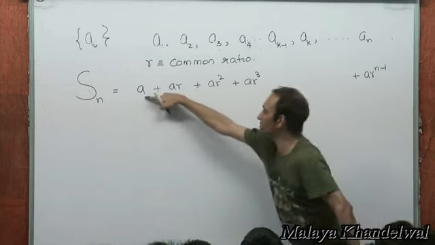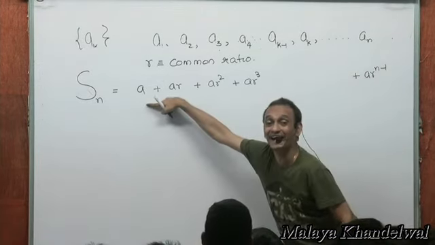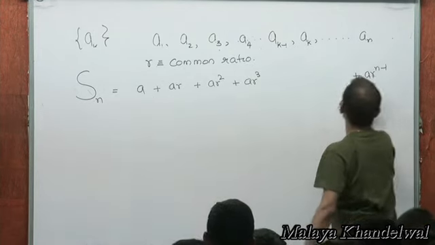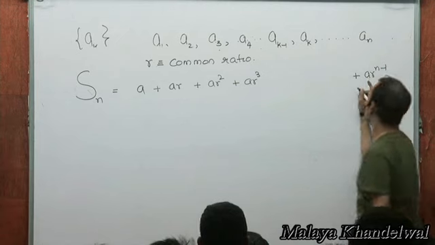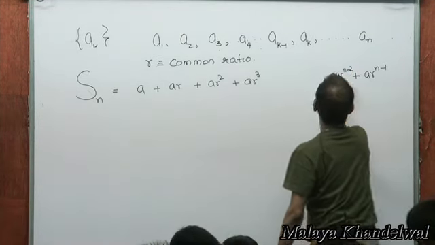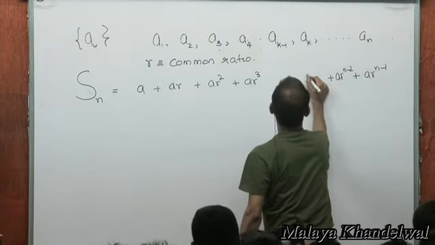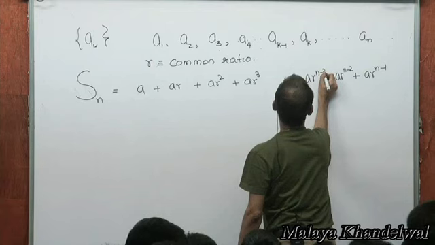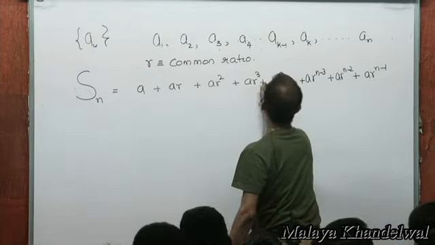Now, if I go in this direction, I multiply by R. But if I go in this direction, I divide by R. That means the term prior to this is obtained by dividing by R. So it's going to be AR to power n minus 2. The term prior to this is going to be AR to power n minus 3, yes or no?